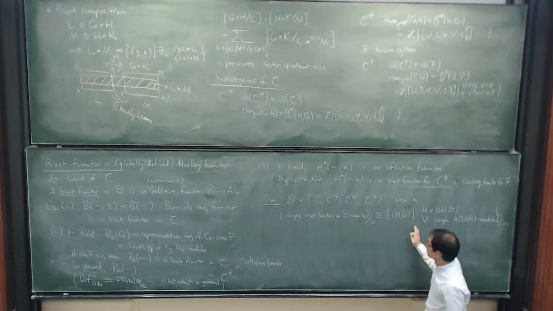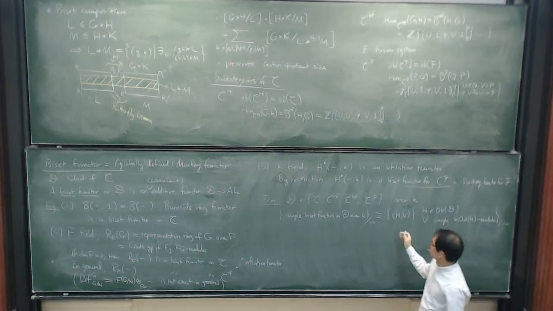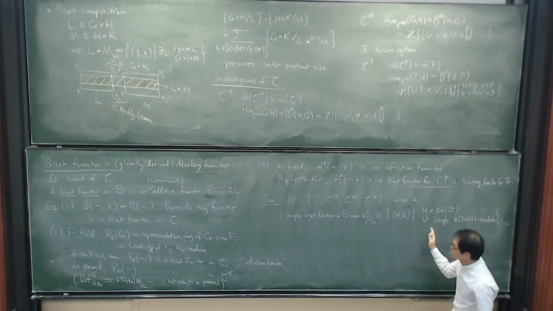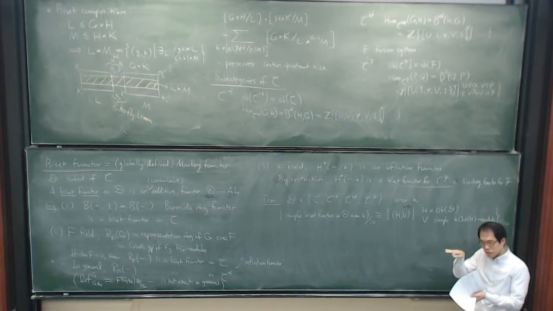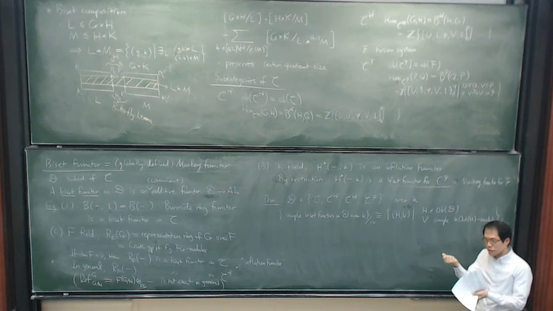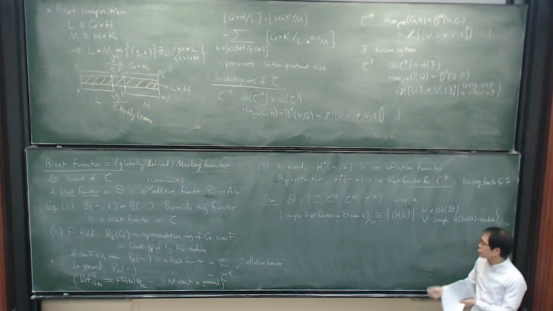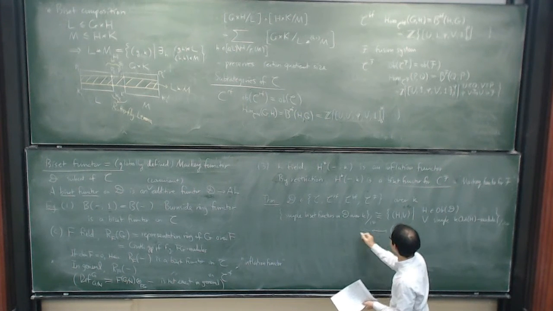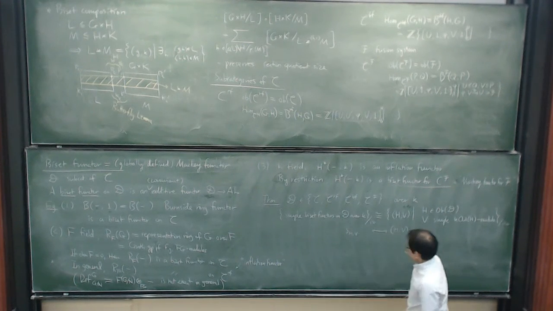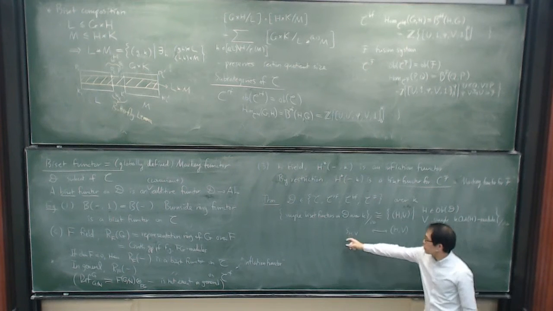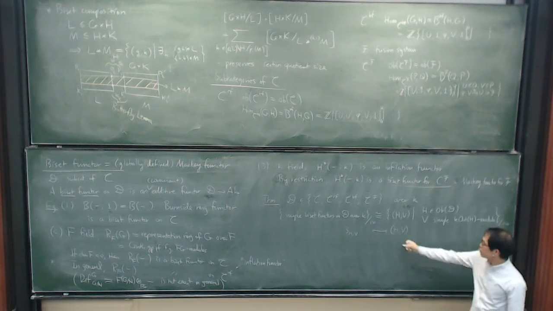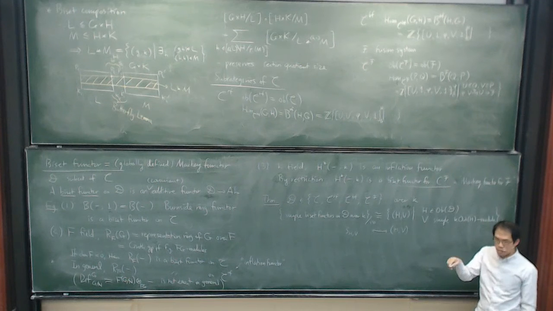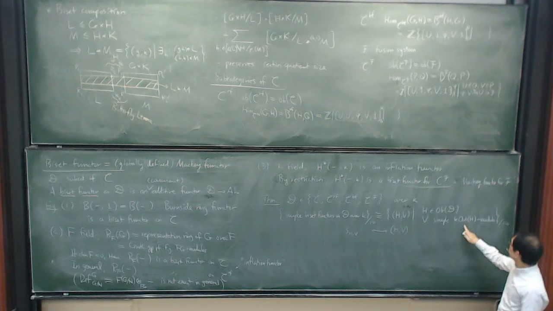And this is where we use that biset composition preserves the section quotient size. We denote the simple biset functor corresponding to this pair as S subscript H,V.